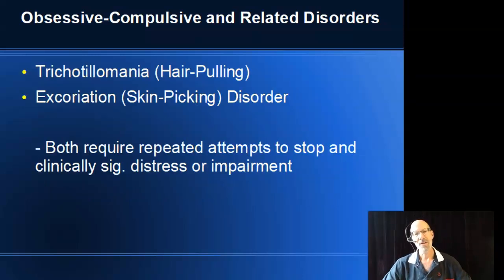Trichotillomania and excoriation are not very likely on the exam, but you can be generally familiar with them. They both require repeated attempts to stop and clinically significant distress or impairment.